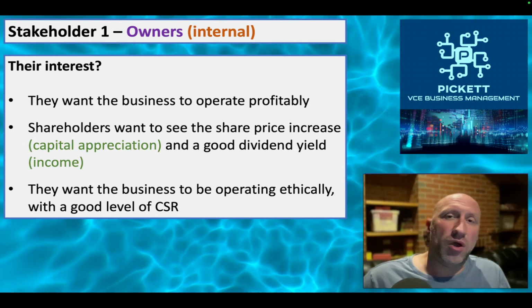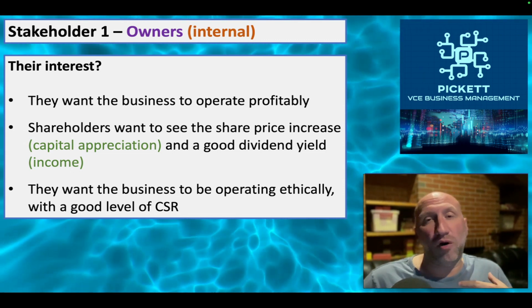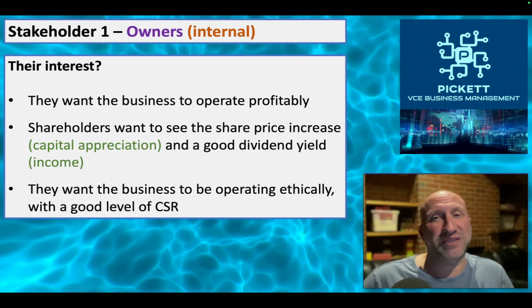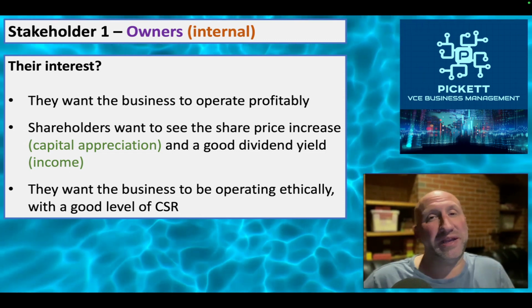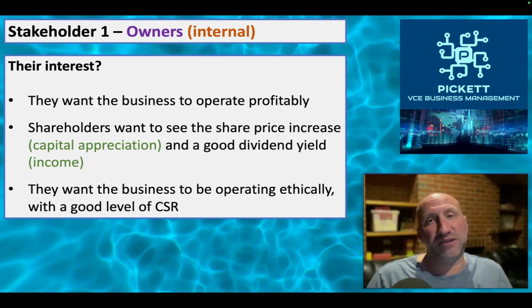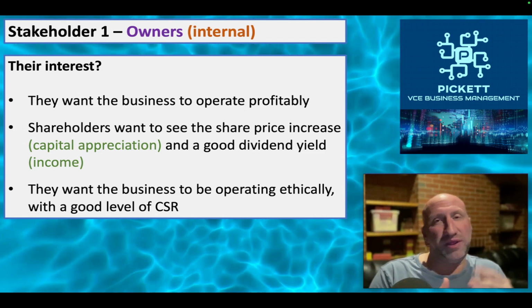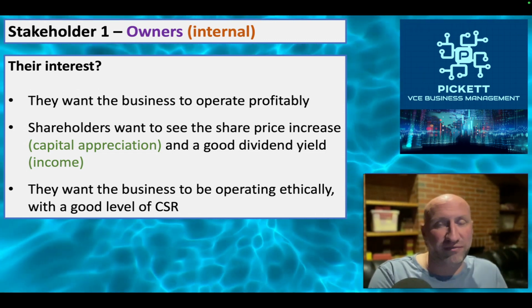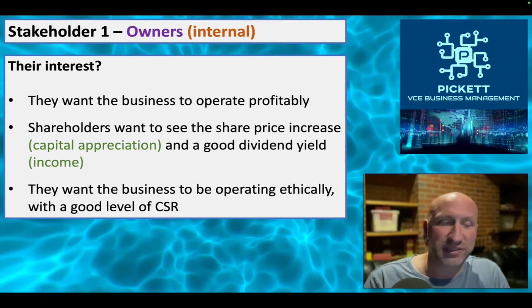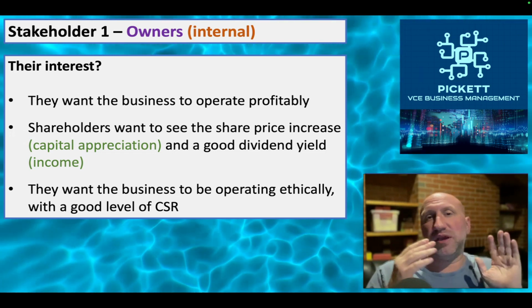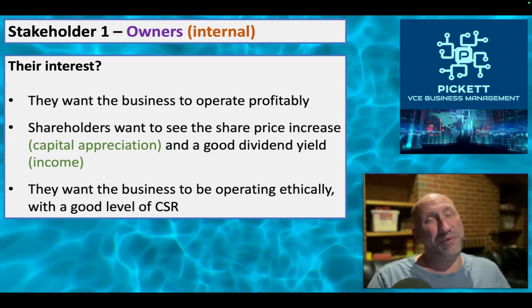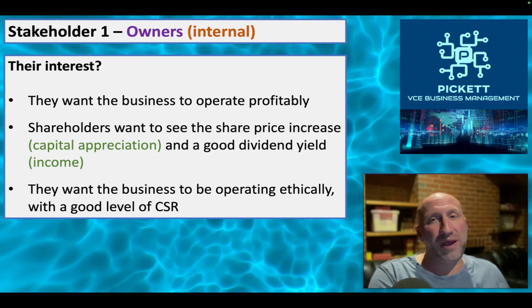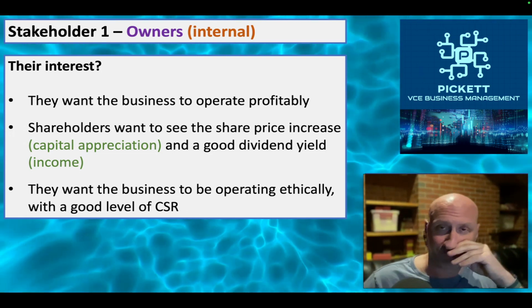Also, owners of a business generally want those businesses to be operating ethically and in a socially responsible manner. CSR, Corporate Social Responsibility, is not a term that's new to anyone who did the Year 11 course. We talked about it quite a bit in Year 11, and we'll be talking about it constantly through Year 12 as well.